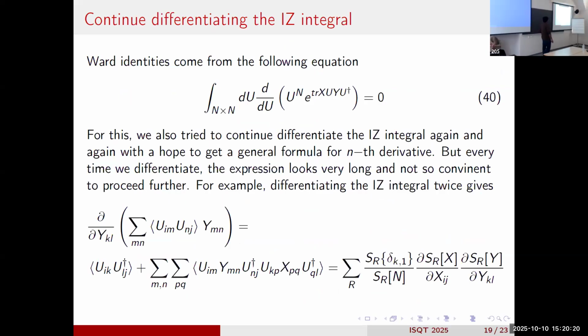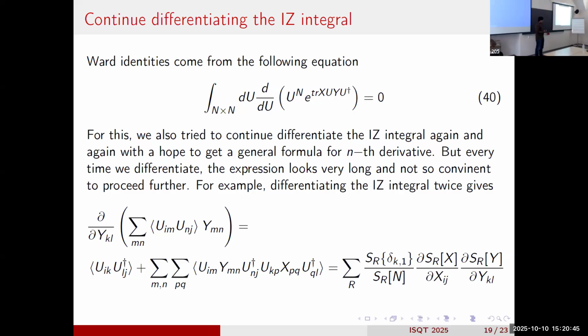Then a little bit about the Ward identities. As you see, the whole discussion is about the two-point function, but we are also interested in the calculation of the n-point function. There was an approach by Samson Shatashvili back in 1994. He tried to do it, but his approach was completely different, and it also gives a big formula.